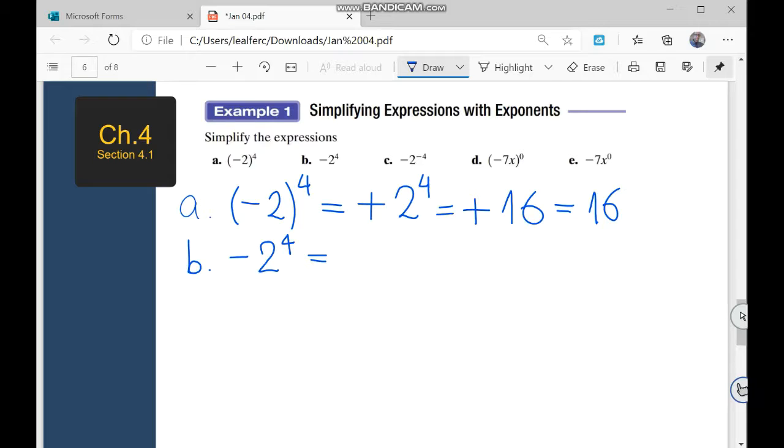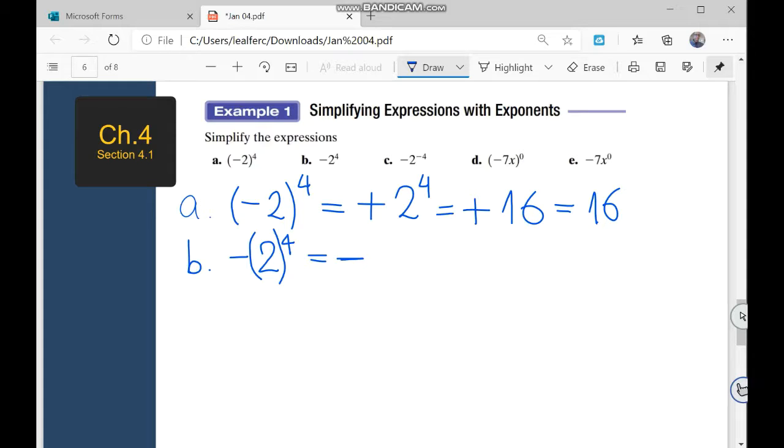Why? Because the negative sign is not submitted to the exponent. So you just keep the negative sign. The negative sign is not submitted to exponent 4. Only the number 2 is, like if you have parentheses only on number 2.